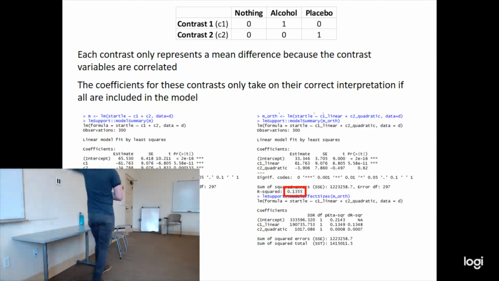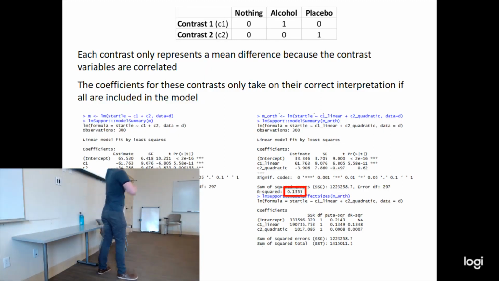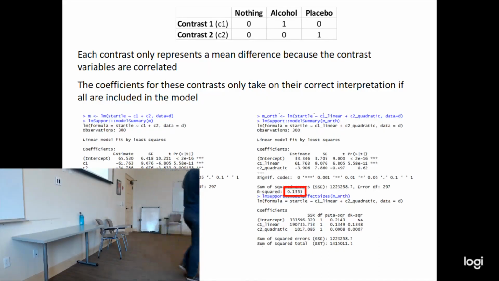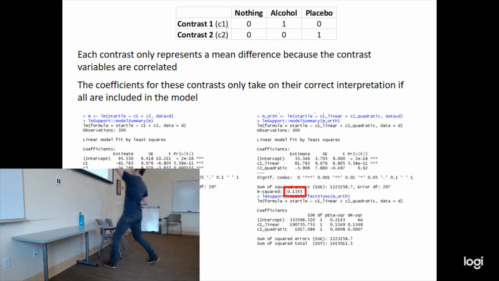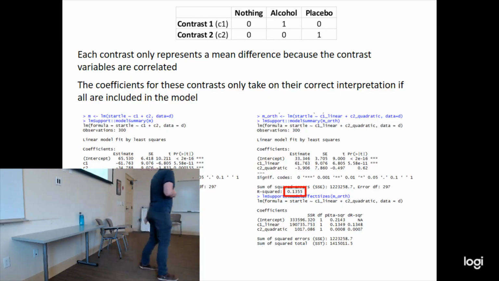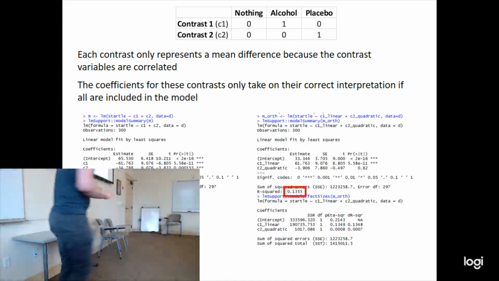If you look at the variables as a set and look at how the set of variables contributes to R squared, it's the same regardless of whether you're looking at dummy codes or a set with planned orthogonal contrasts. This will always be true, regardless of which particular orthogonal contrast we're working with.